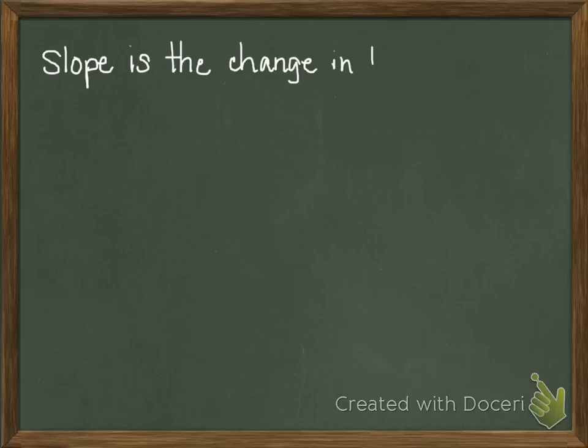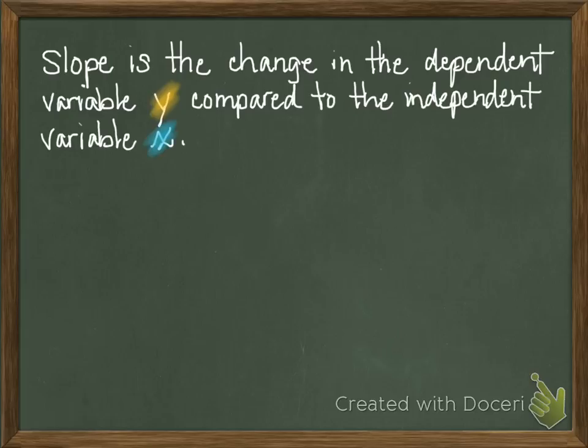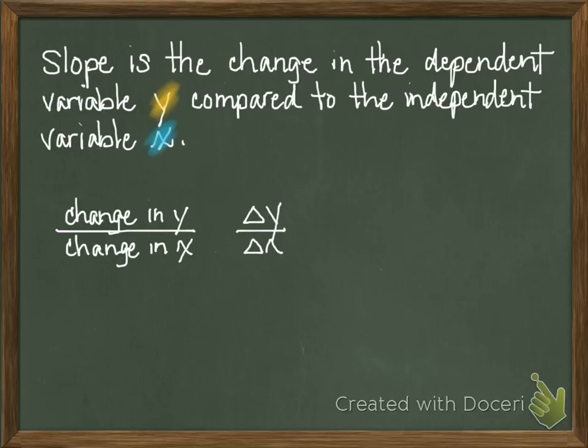More formally, we'll say that the slope is the change in the dependent variable y compared to the change in the independent variable x. When we abbreviate that, we might write the change in y over the change in x. If I abbreviate it still, I would use the delta symbol. That's this triangle right here.